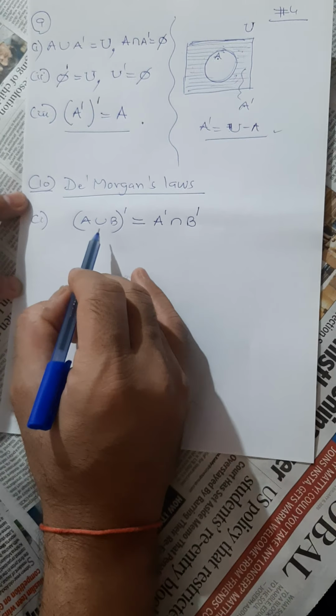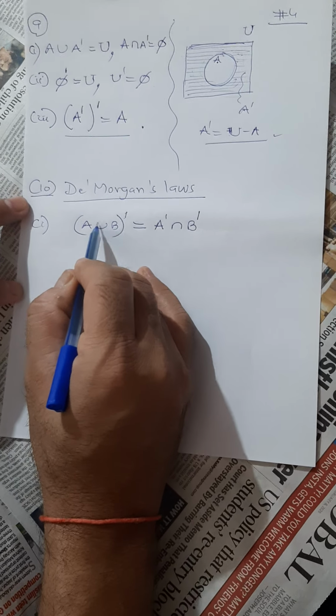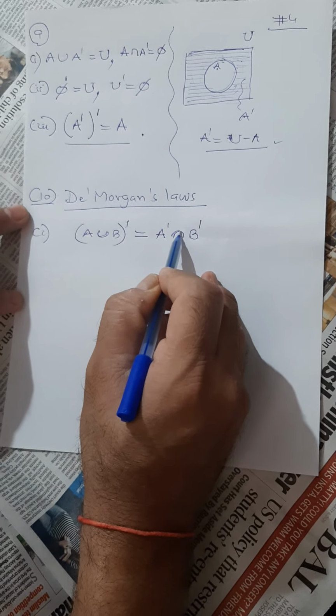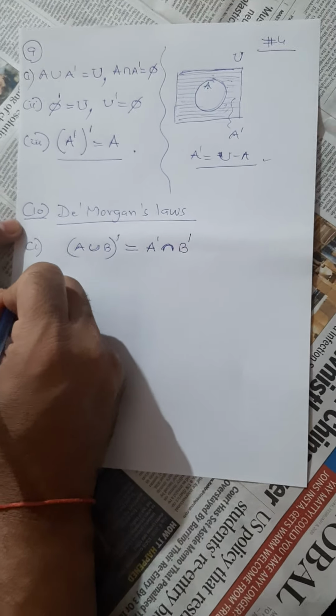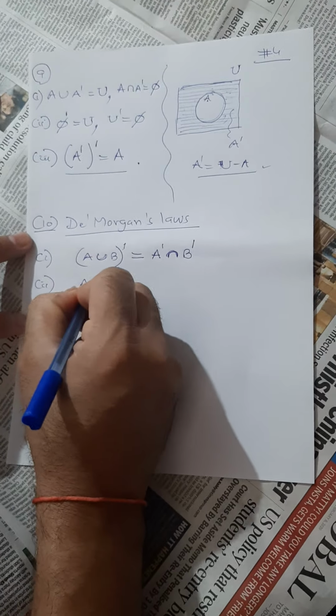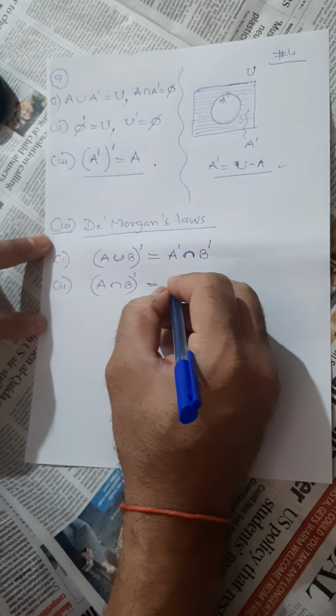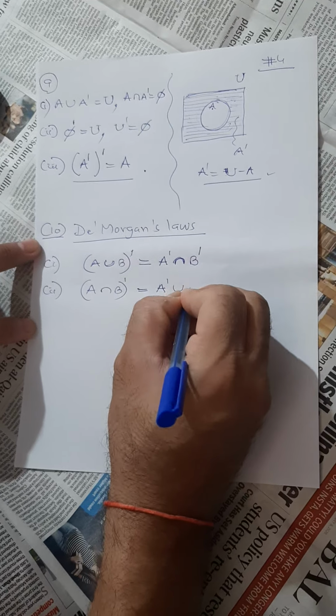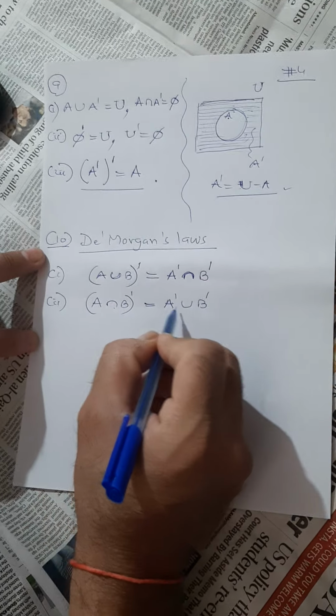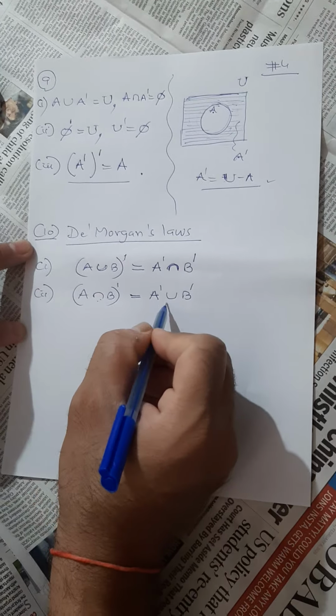So what happens here, when you take the complement inside, this union becomes intersection, and the second one is just the reverse of this. A intersection B the whole dash is equal to A dash union B dash. So again intersection becomes union, so the operation gets reversed.